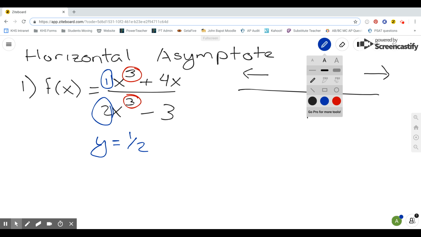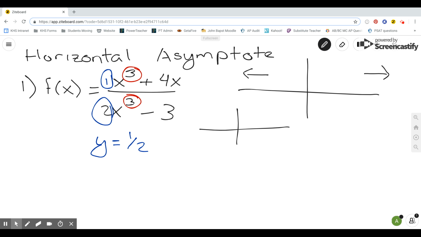So on your graph, when you go to graph this function, at 1/2 you can put a nice horizontal dotted line, so that you know your function, when it goes out to infinity and negative infinity for your x's, is going to follow that line.